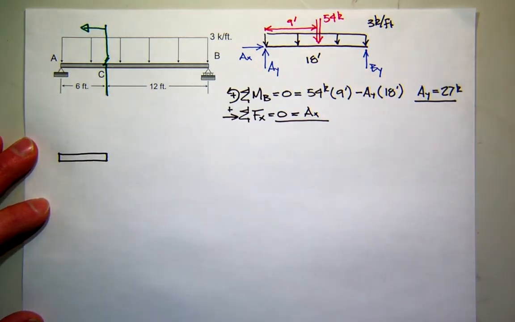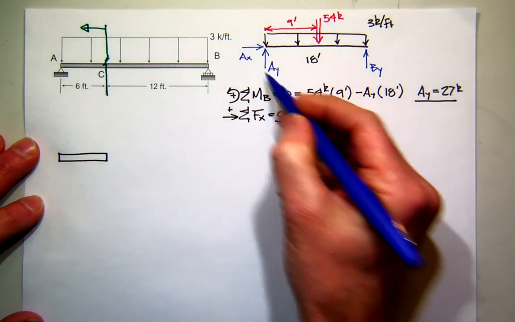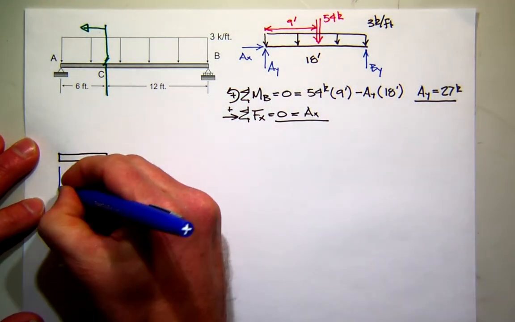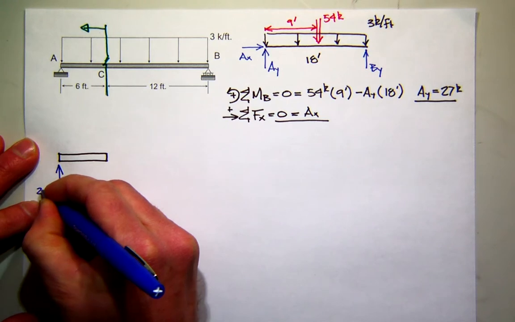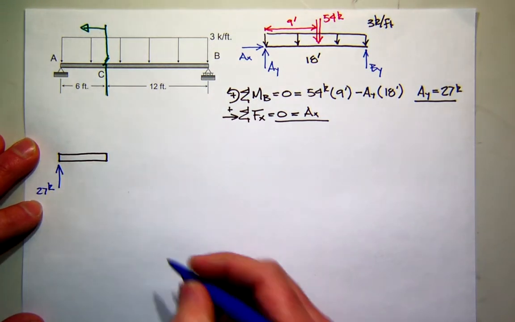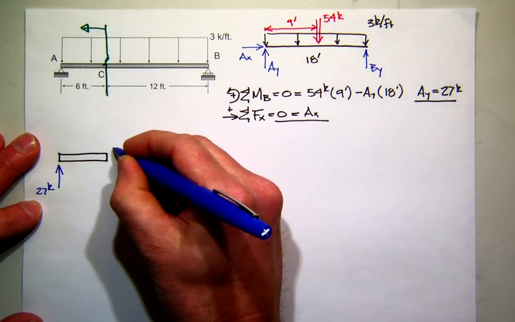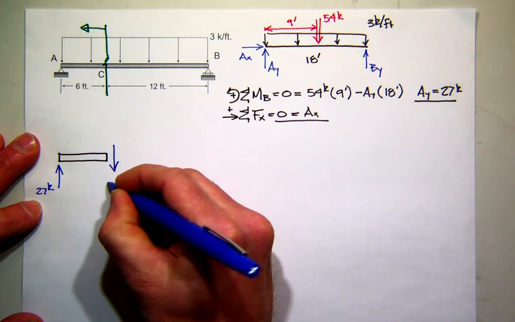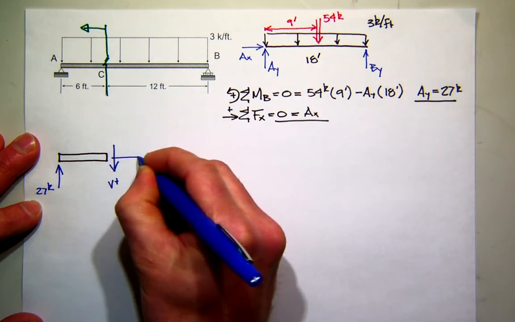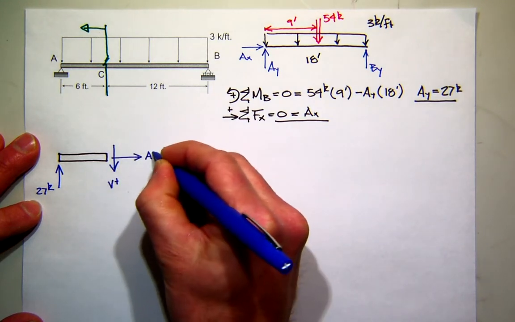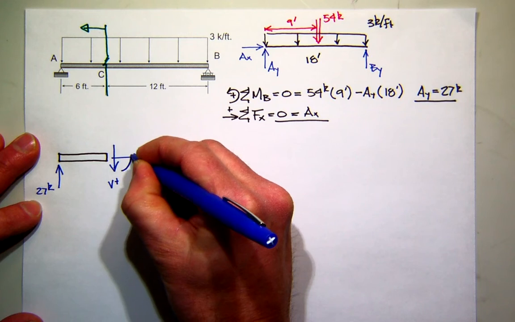of this section. First thing I'm going to do is put on my AY reaction, which was 27. I'm also going to assume positive shear force, positive bending moment, and positive axial force.